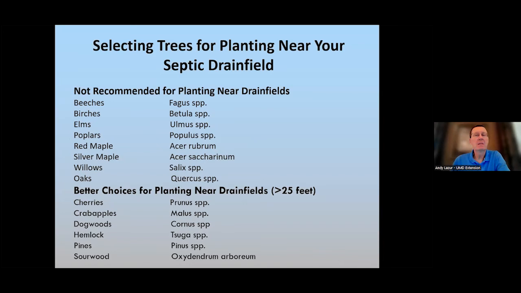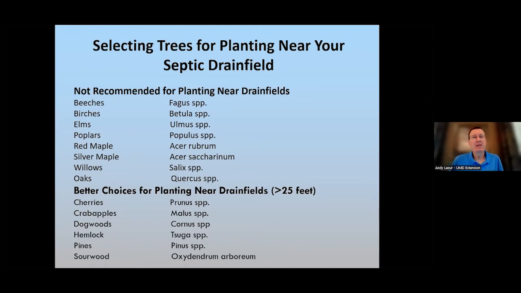And then we'll talk a little bit about trees. So this upper list here, these are species that tend to have very aggressive roots. I've seen several of these species, for example, certain types of oaks that have actually followed the foundation where water is running off from the roof, having roots that follow the perimeter of the house and even take corners because they're able to tap into water.